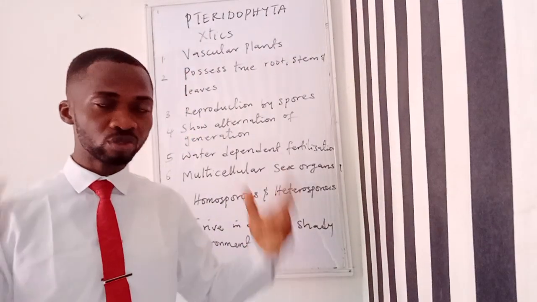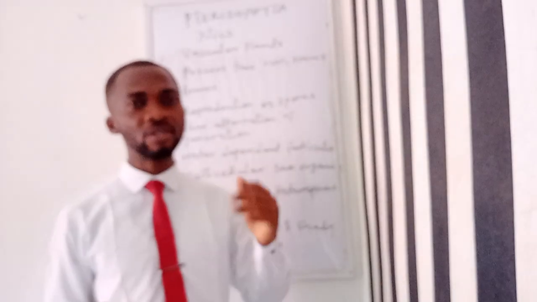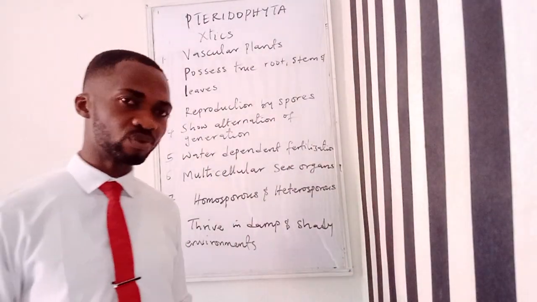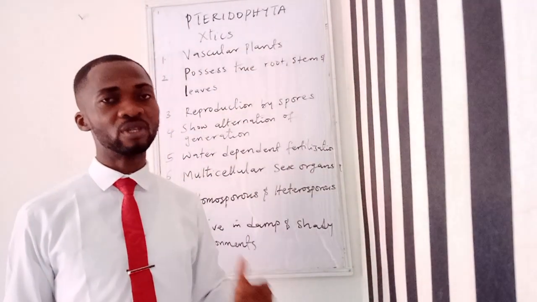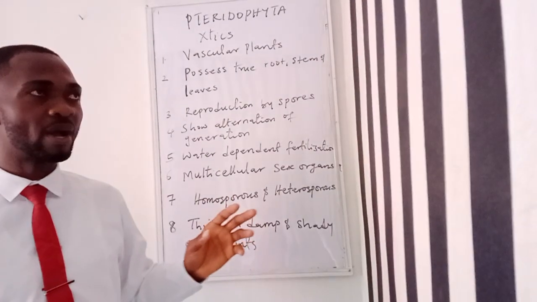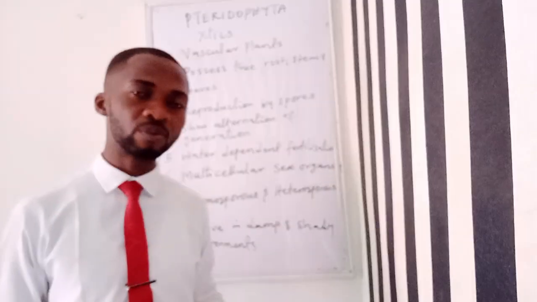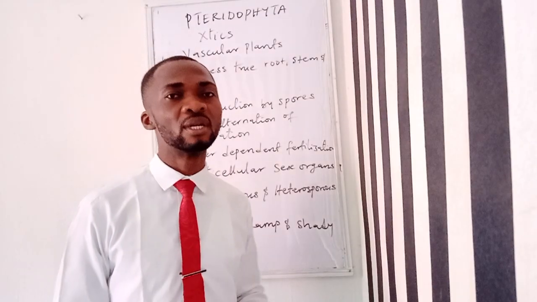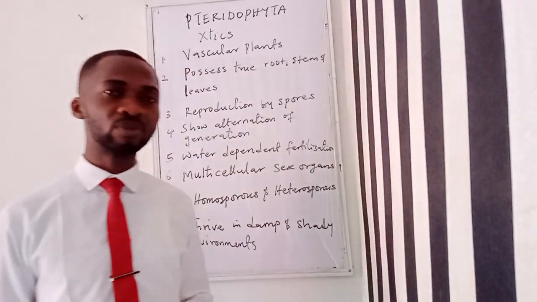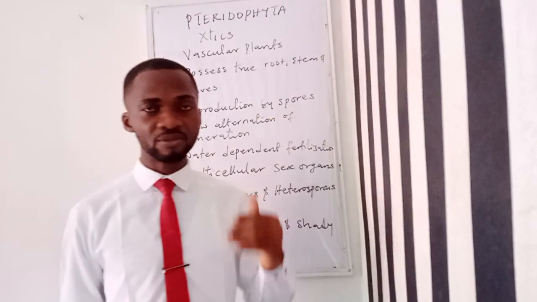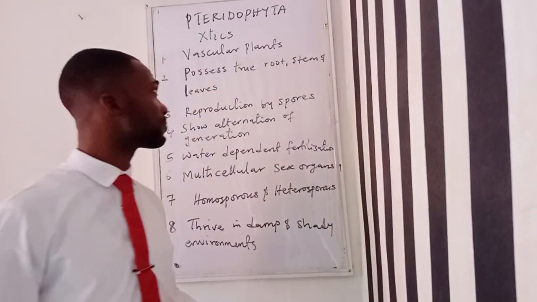But in the case of pteridophyta, you can clearly say, okay, this pteridophyta has roots, even though not all. We are still going to come to that. We'll have the most primitive group of pteridophyta, which is called the Psilotum, that also does not have roots. But majorly they have true roots, stem, and leaves.